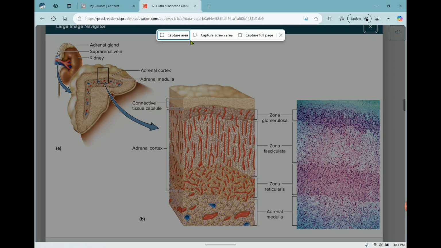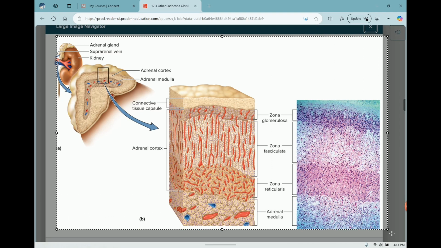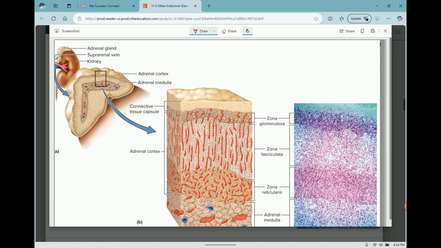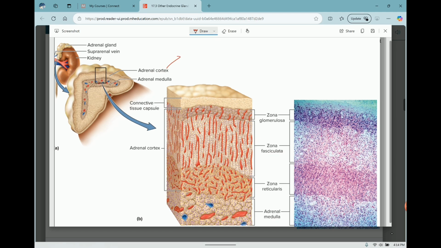Now, the words cortex and medulla are actually applied to a lot of different body parts. And all it really means is the cortex is the outer part of an organ or structure, and the medulla is the inner part.